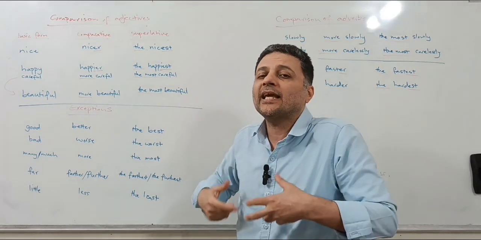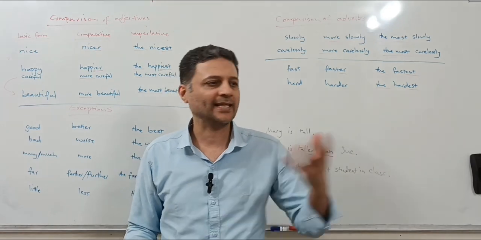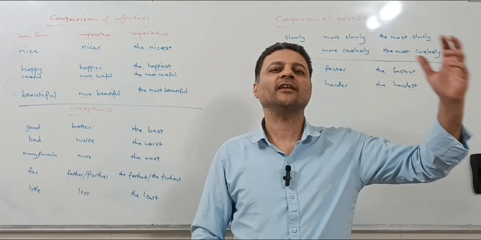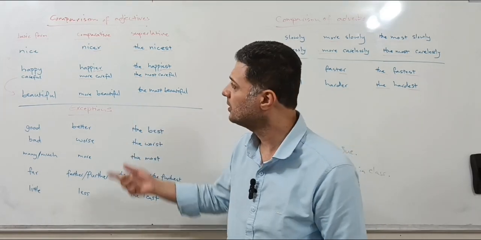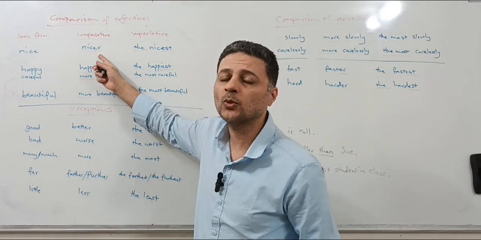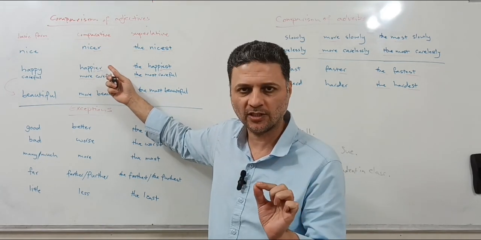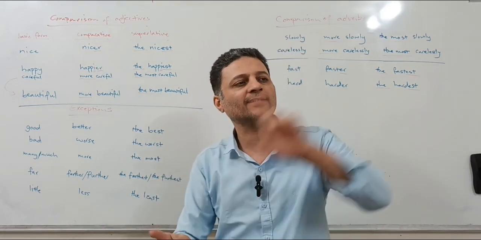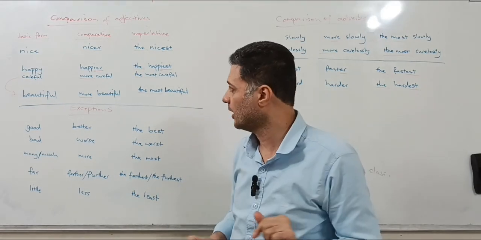But when we compare, for example, a person, a camera, a car with another car, another pencil, another marker, or camera, whatever, then we tend to add er or r to the end of this adjective, and we say, for example, this is nicer than that one. This camera is nicer than the other camera, okay?